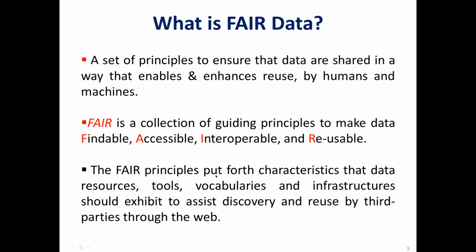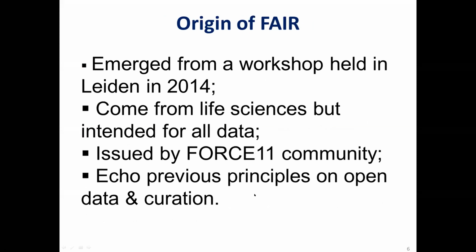The FAIR principles put forth characteristics that data, resources, tools, and all infrastructure should have to assist discovery and reuse by third parties. That means the primary parties and then other people, like we mentioned in the last lecture, the secondary use of your data. They have to have quality data that is accessible, reusable, and so on.